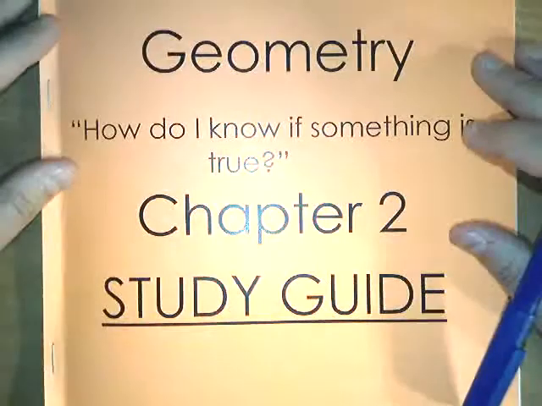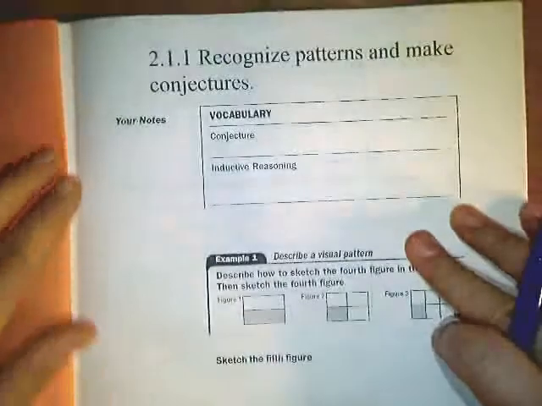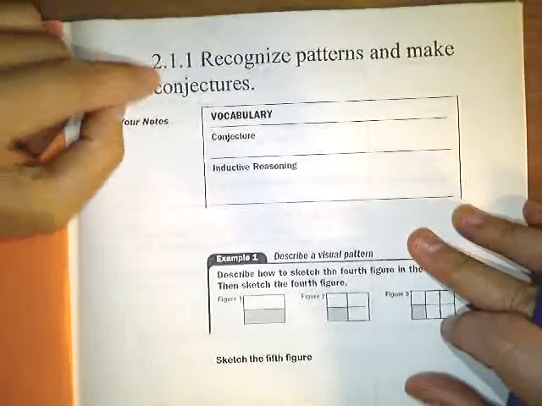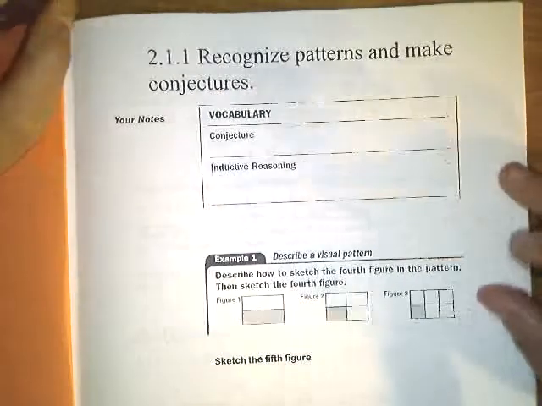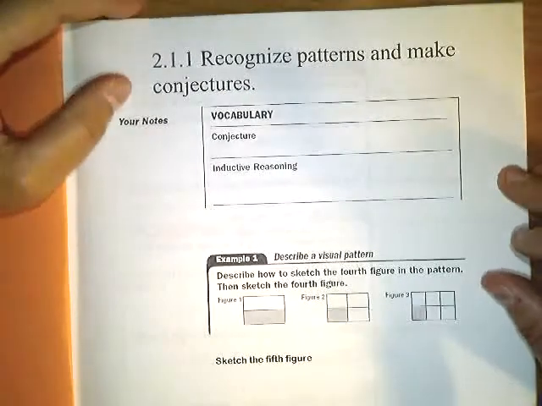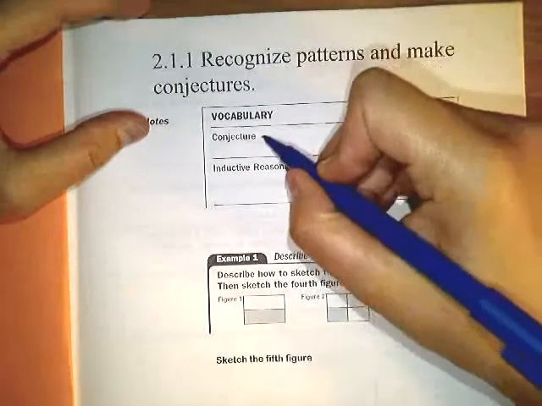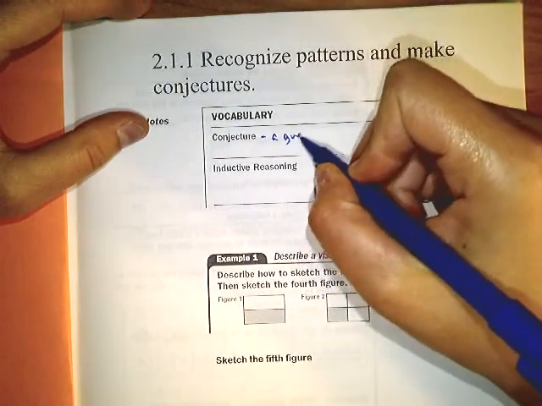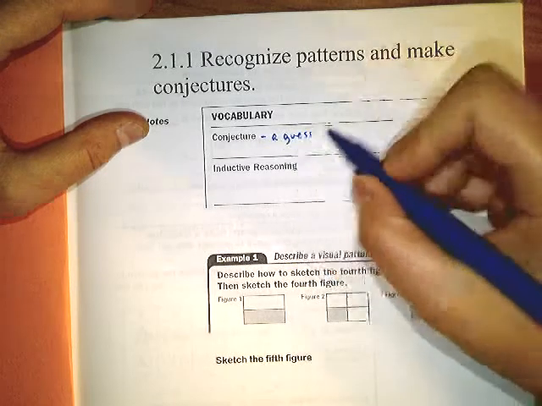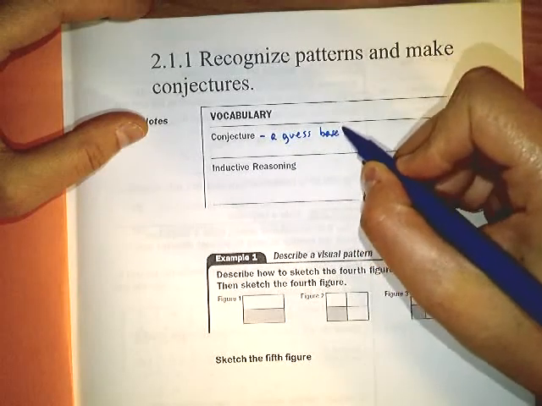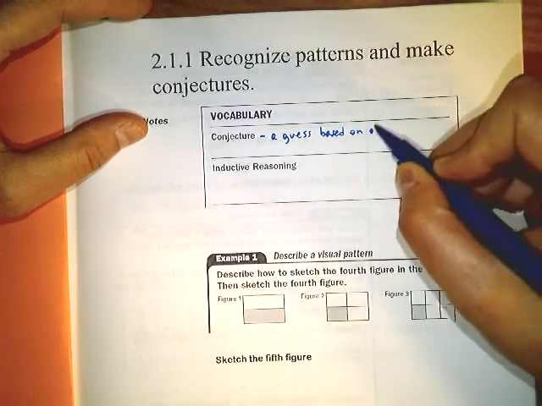We are in the Chapter 2 study guide for geometry. This is the lesson on Chapter 2, Section 1, Part 1, otherwise known as 211. A conjecture is a guess based on observation.